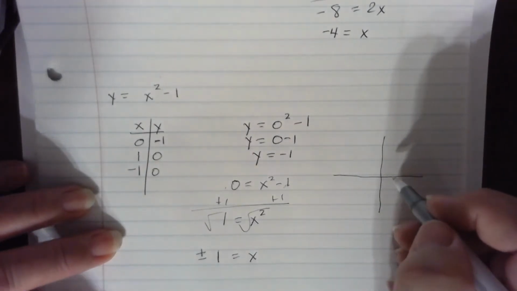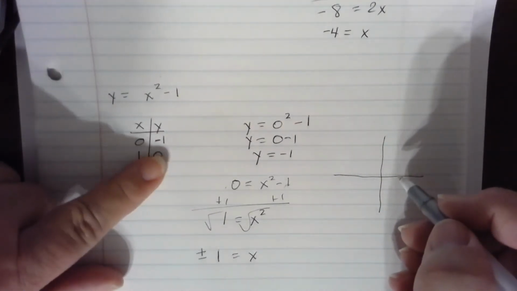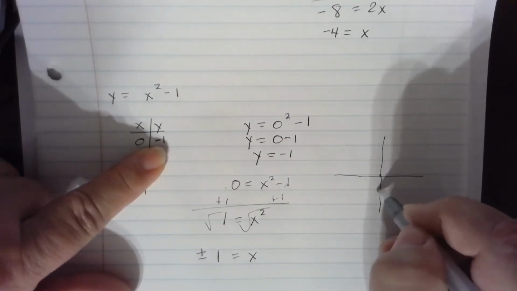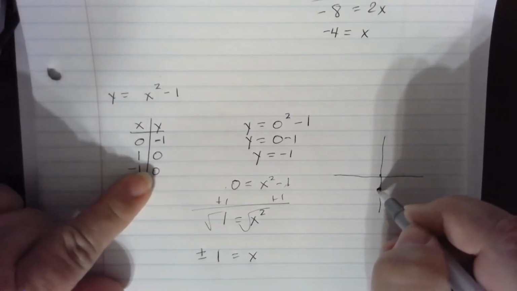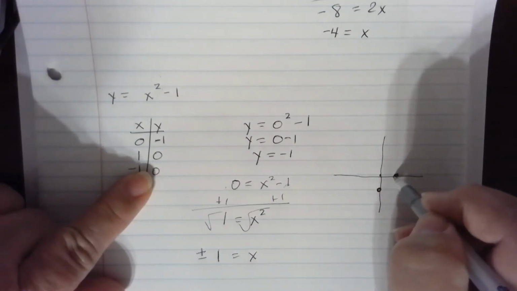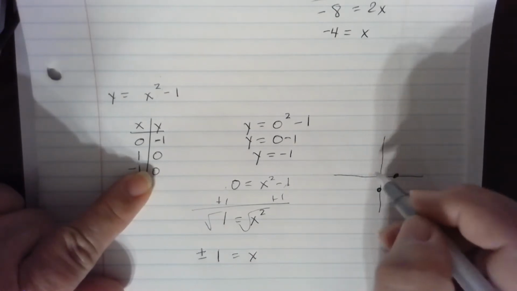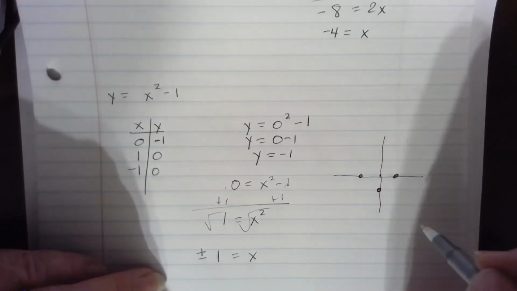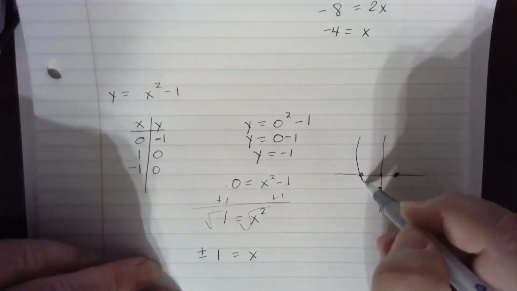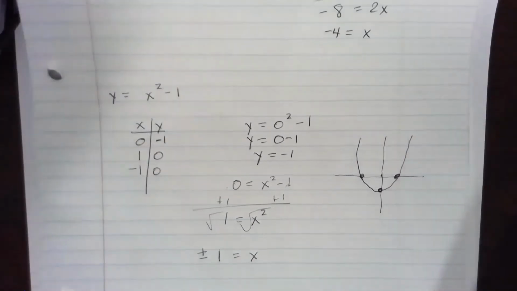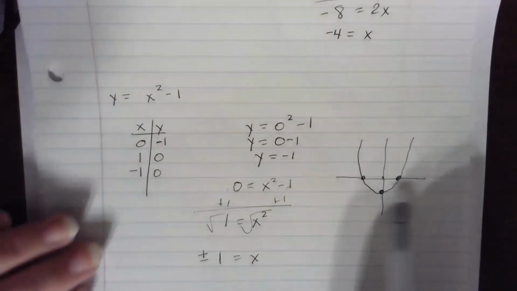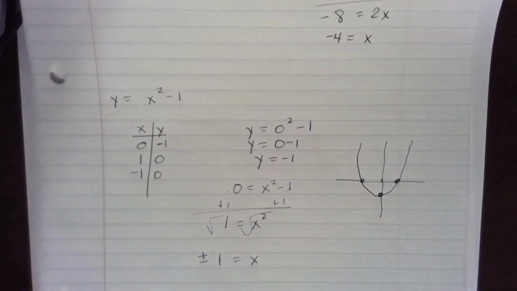And then I think you can, I'm not positive about this, but I believe you click on 0, -1, and then click on 1, 0, and I don't know if you have to click on this point or not. Sometimes it does it automatically, but that's what you want your graph to look like. So I may have to look that up and send you some more instructions about how to do a parabola.